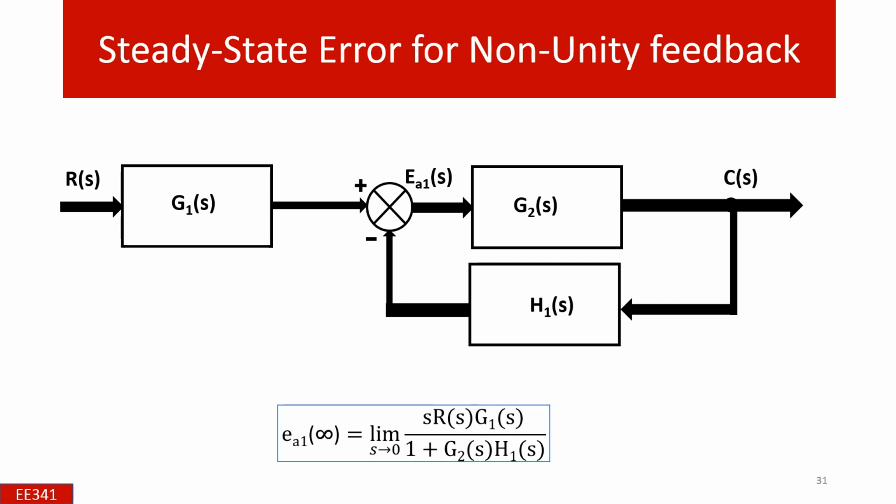If we want to find the error at this stage due to the existing scenario of the system, we just find the error signal here, which is equal to the input times G1 over 1 plus G2 H2, and by applying the final value theorem we can find the steady state error in this case.